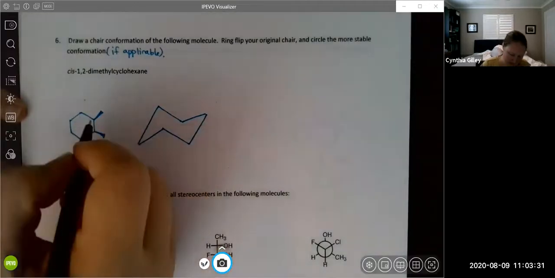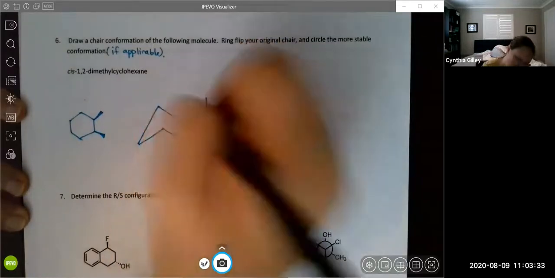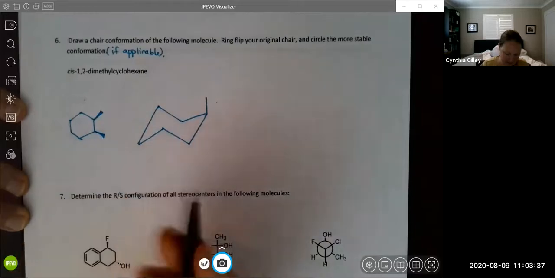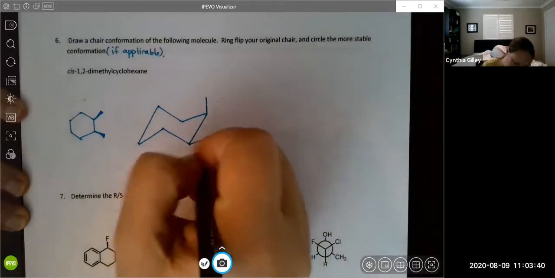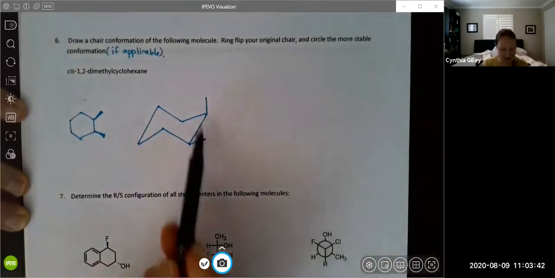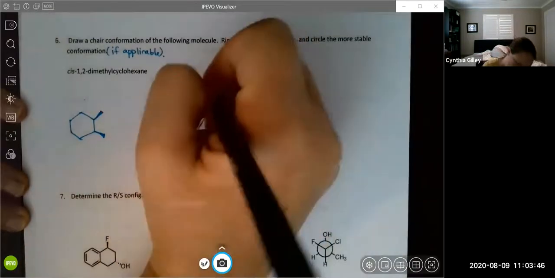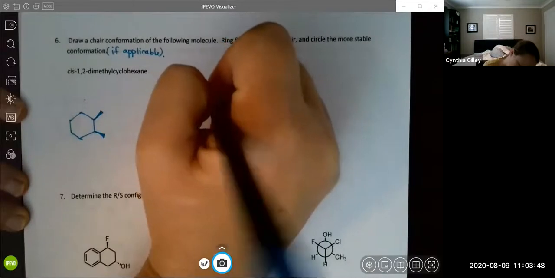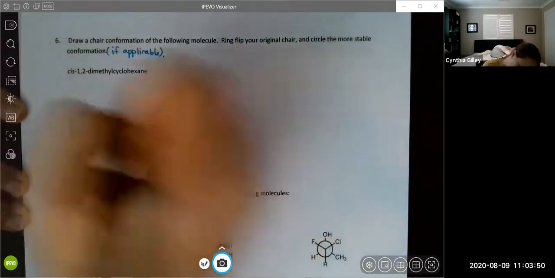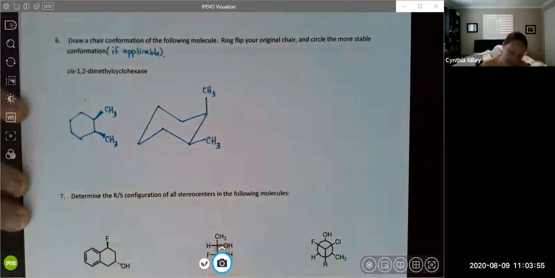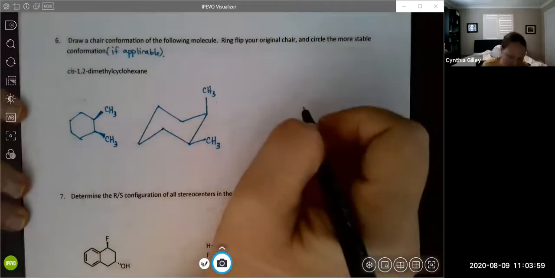So if one methyl is up, I'm going to put it in the up position, which is up and axial. And the next methyl is also up, and in this case it becomes up and equatorial. So these are my methyl groups. I could label them if I want to, so it's more clear.